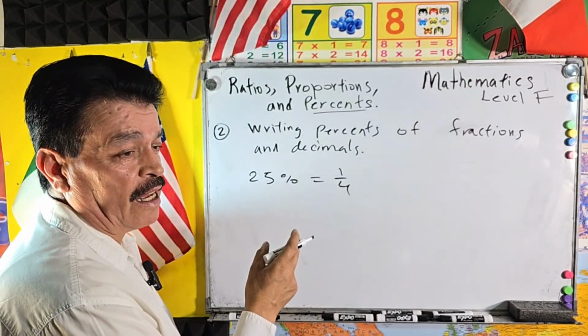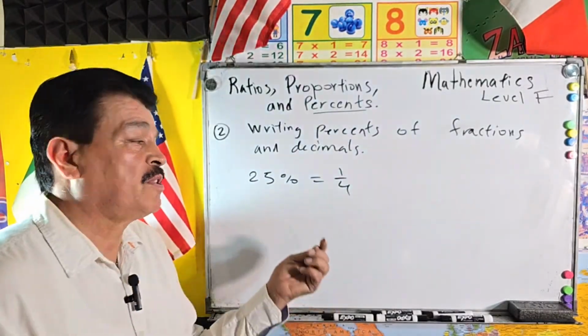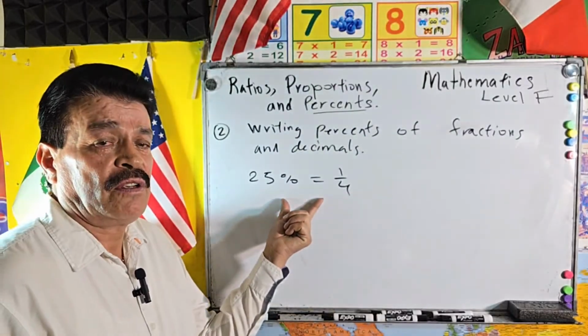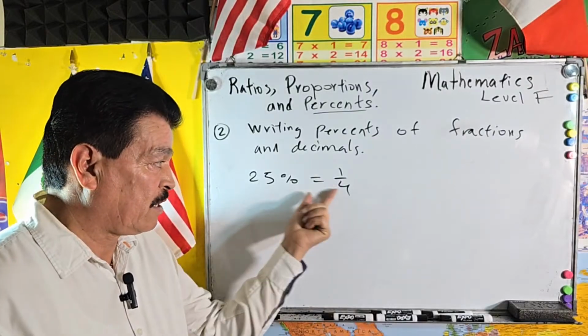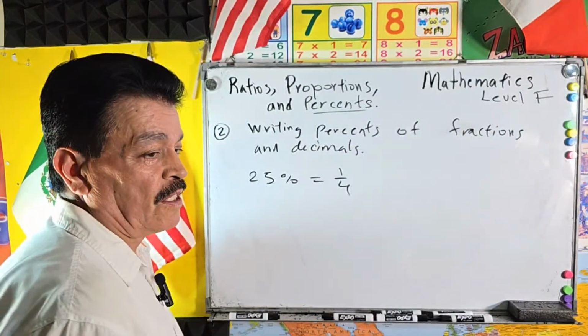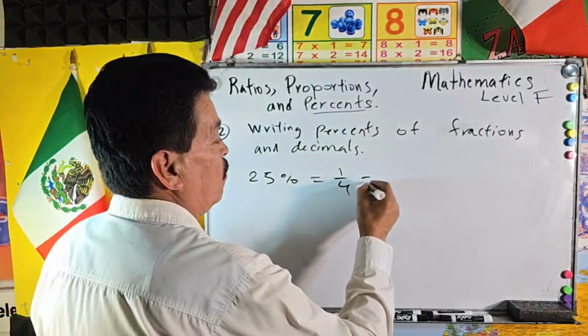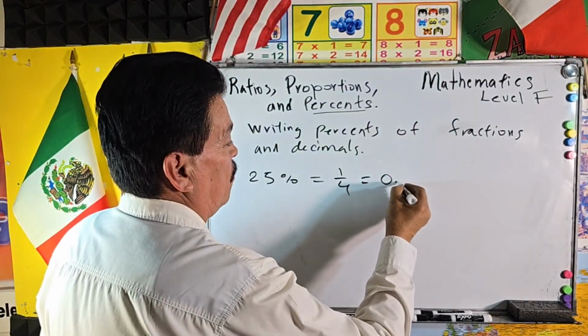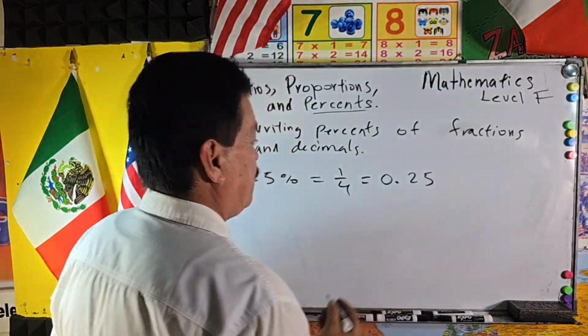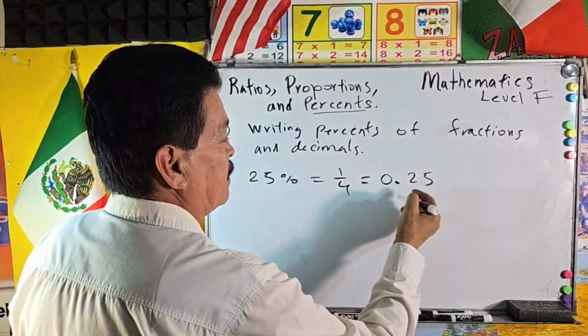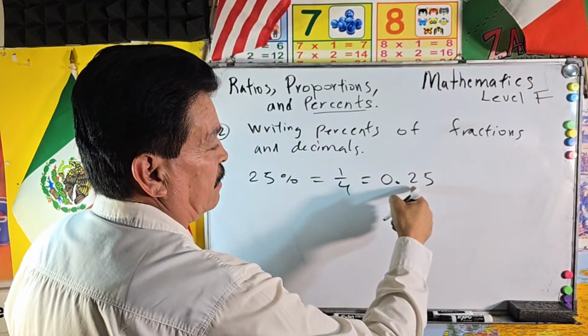Remember the concept, a fraction, like comparing a number to 100. It's a fraction. 1/4, for instance, here is equal to 0.25. Okay. So this is decimals and hundreds.